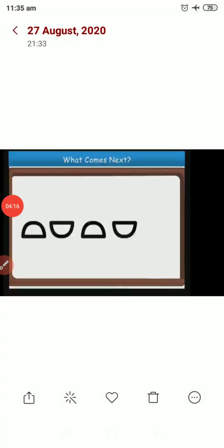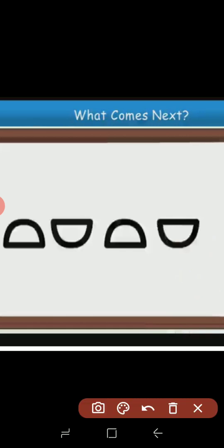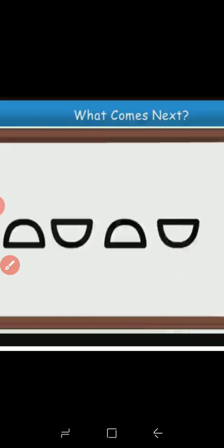Now carefully observe these patterns. Here some semicircles are given. Okay, one is facing upward, one is facing down, one is facing upward, the other one is facing down.